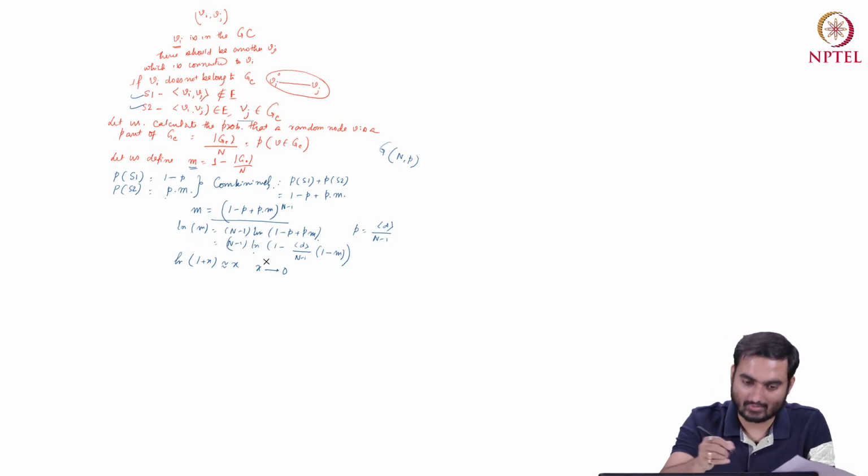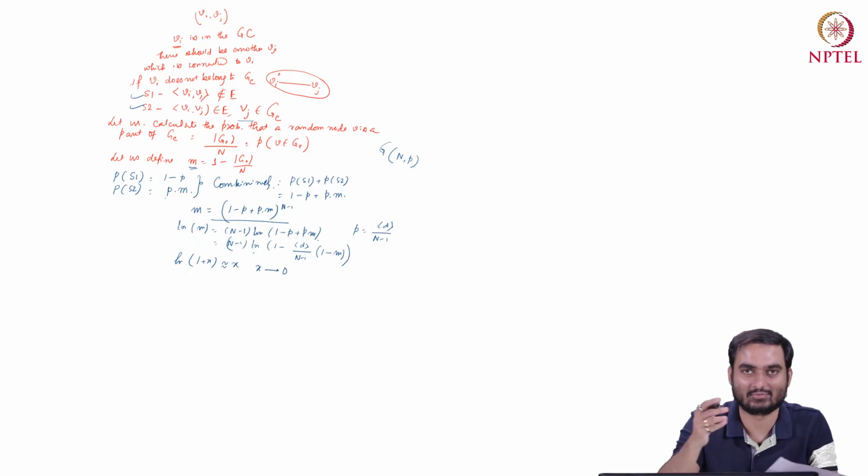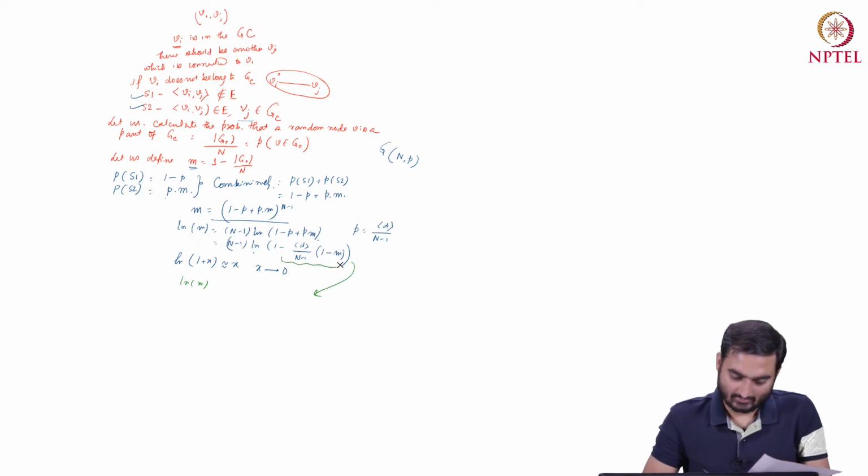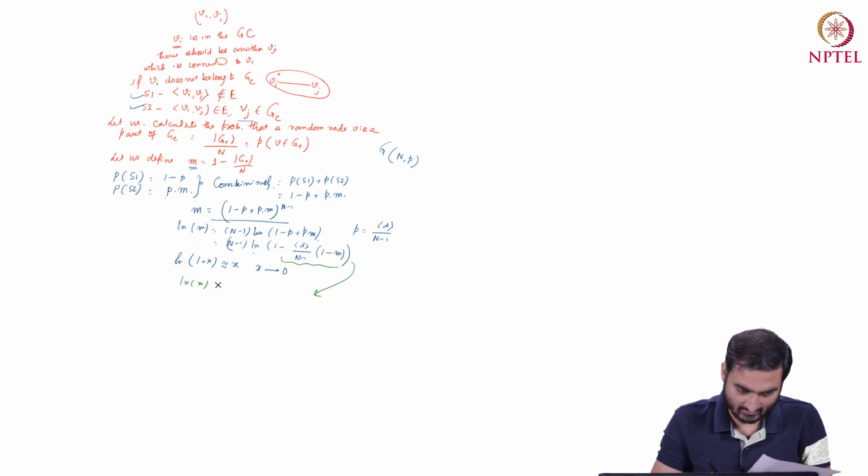These kinds of tricks are needed to simplify these complicated things. So this is our x, including the negative symbol. We'll have this n minus 1, and this n minus 1 will vanish. We'll have this one.